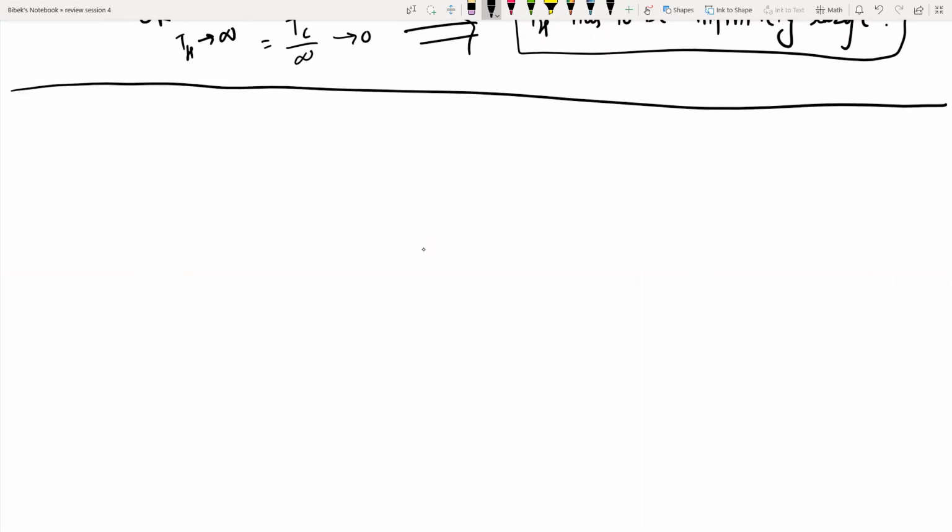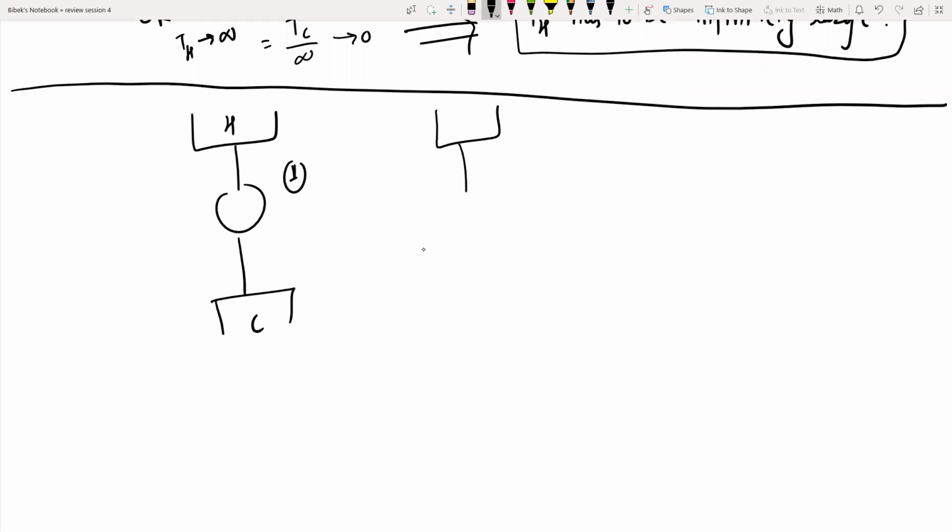So we have two ideal Carnot engines. Let's suppose this one is the first one, engine 1, and there is another one, engine 2.